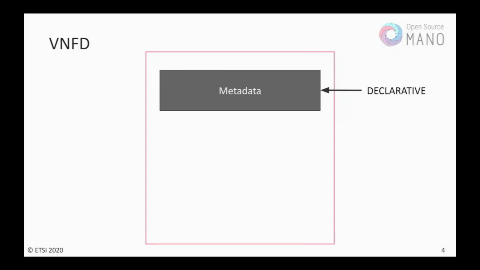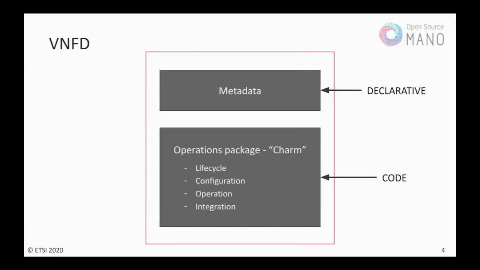We specify all of that in the metadata. But then we need that operations package that we were talking about, and that operations package is called a charm. That charm manages the life cycle, the configuration, operation, and integration of our workloads.